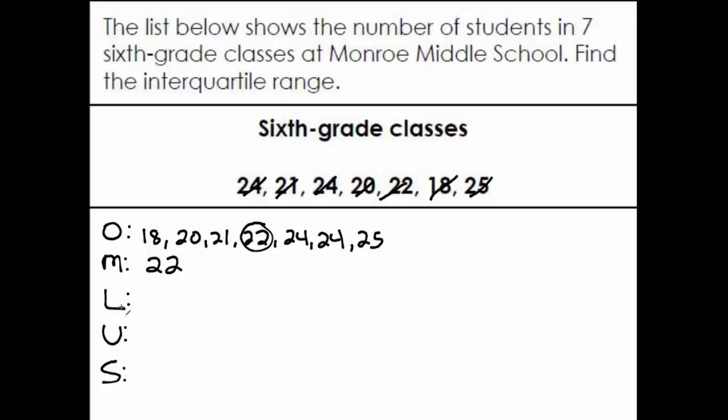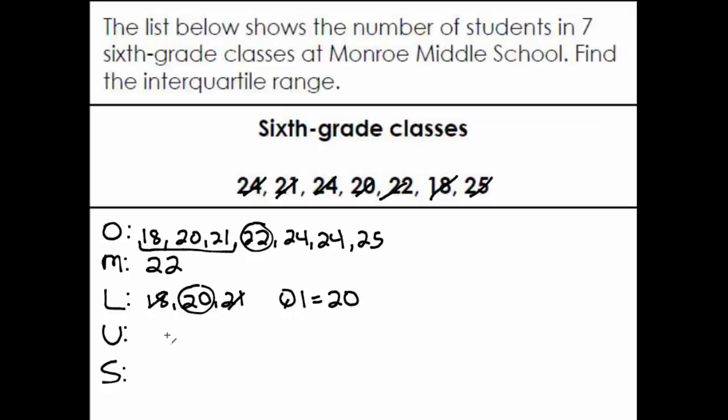Now L for the lower half of the data. And we can rewrite those numbers, 18, 20, and 21. And if you want to cross out the numbers on either side till you get to the middle, you get 20. So that's Q1 for our lower quartile.